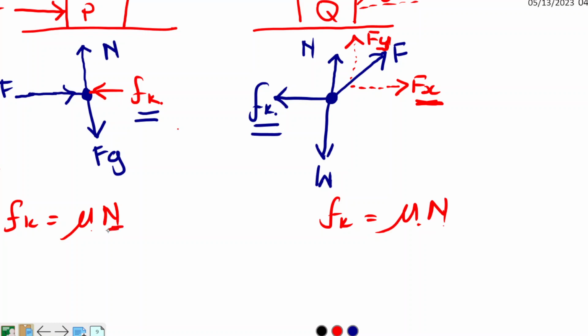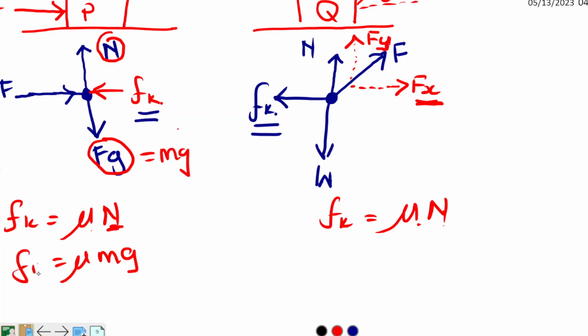So for block P, what is the normal force? On block P, the normal force is equal to the weight, which is mg. So this is the kinetic frictional force for block P.